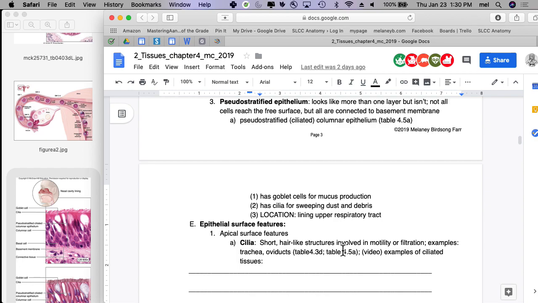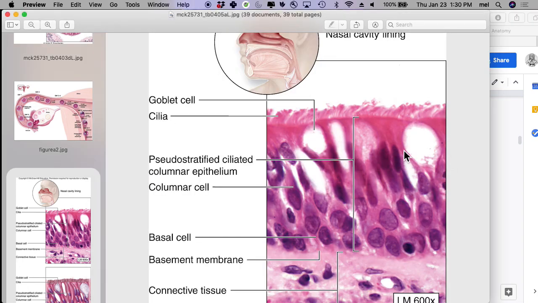Okay, so that's pseudostratified epithelium. In addition, epithelium brings us now to the goblet cells. Goblet cells look like a goblet because that is what they are. What you're seeing is a specialized cell, also attached to the basement membrane in this instance.